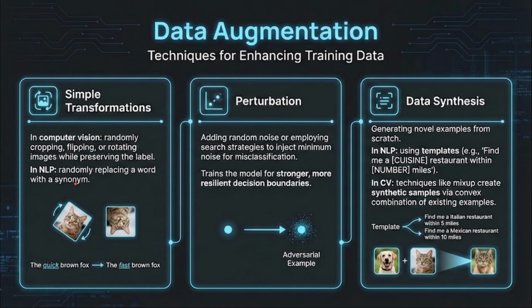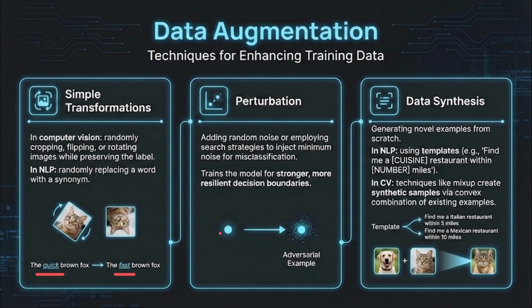Like simple transformations in computer vision, let's say you have a cat image, you rotate it, increase brightness, decrease brightness, or flip the image, change the background, similar to this. And if it is NLP, you try to change a word with a synonym of that word to have a new, completely different sentence.